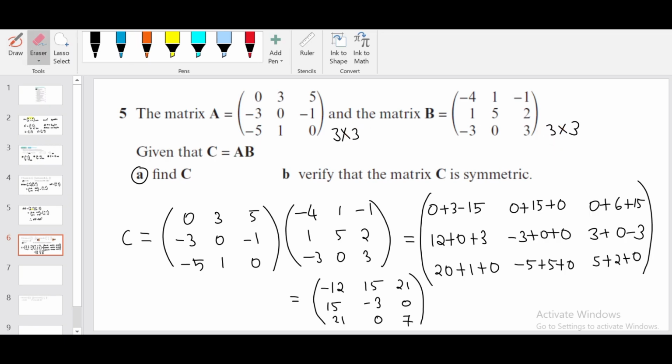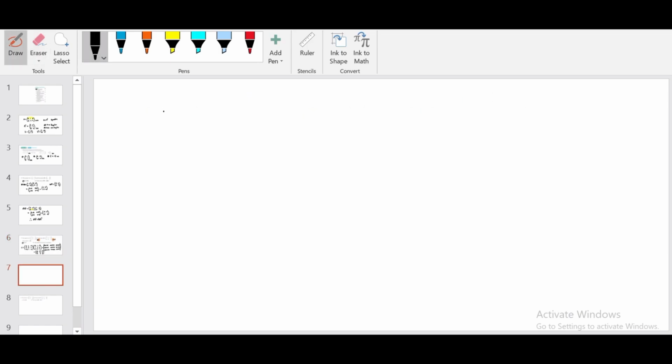Now verify whether C is symmetric. I'm going to write the C here. C is equal to minus 12 15 21, 15 minus 3 0, 7 0 21.